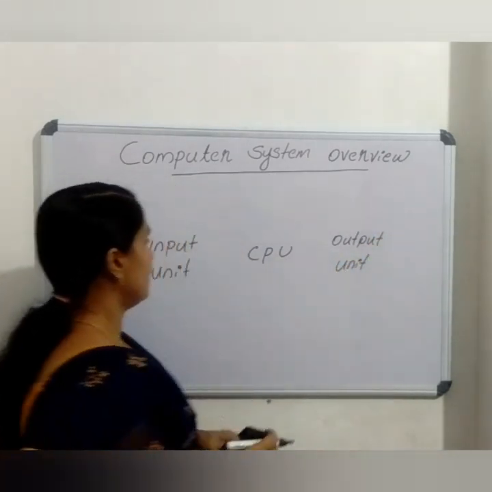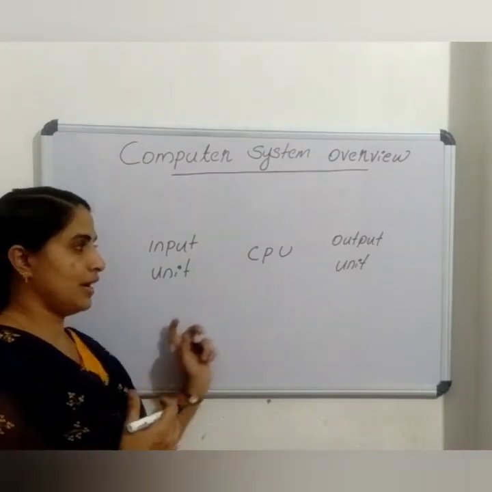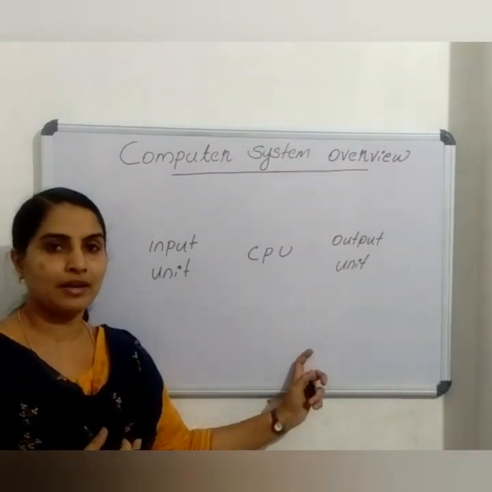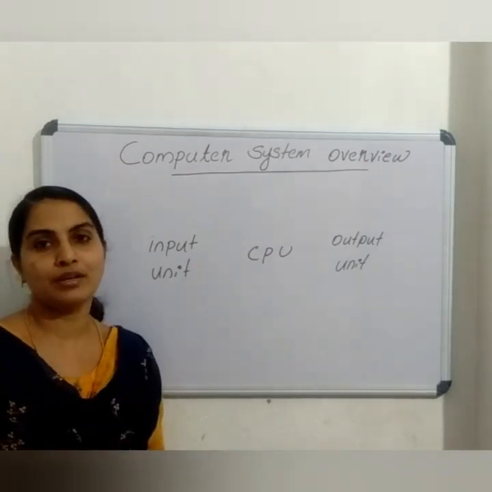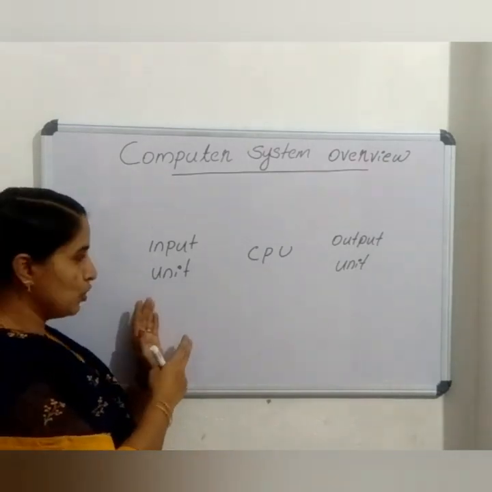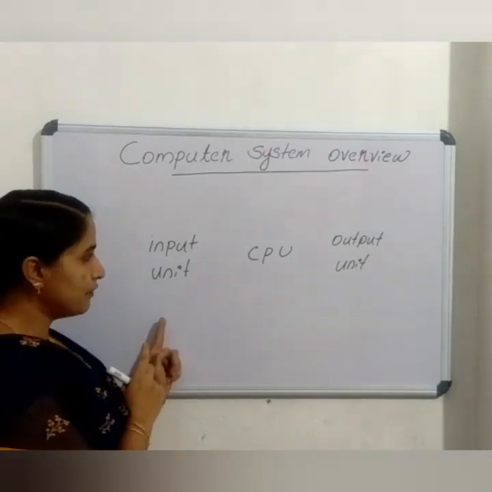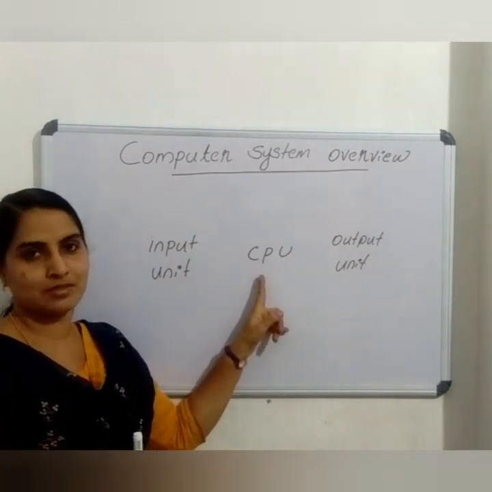You might have learned all these things before, but now we are going to study this a little more elaborately. So what is the functioning of an input unit? The input unit accepts the data from the user, then gives the data to the CPU for the process.